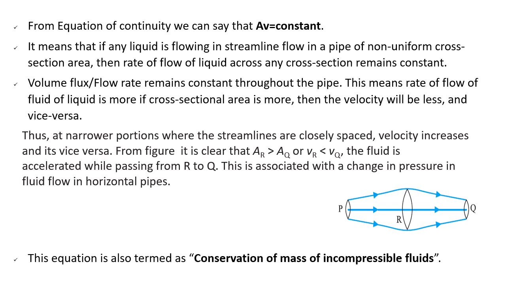That means if the cross-sectional area is more, then the velocity will be less and vice versa. That means at narrower portions where the streamlines are closely spaced, velocity increases. This equation is also termed as conservation of mass of incompressible fluids.